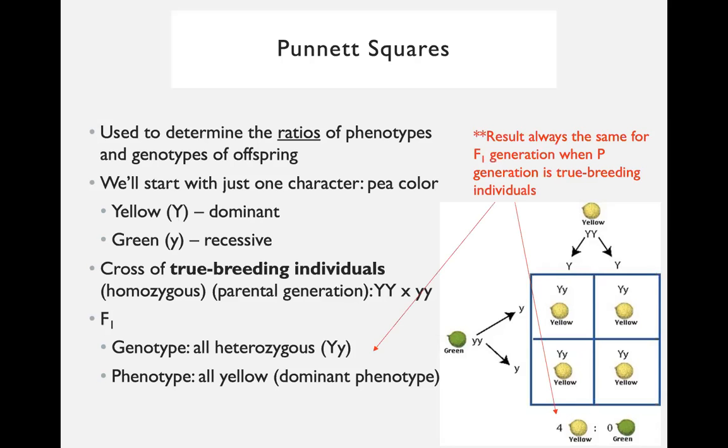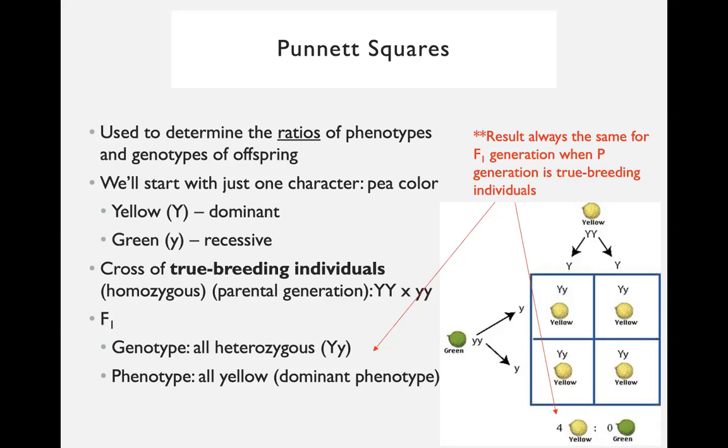So now, oh, whoops. Forgot to have the other names on here. Yeah, so the result is always the same. I'm going to go over a few ratios that you want to basically remember. This is one of them. So you're always going to have all heterozygotes when you have two true breeding individuals. When you have one dominant, one recessive, it's always going to be the same pattern.